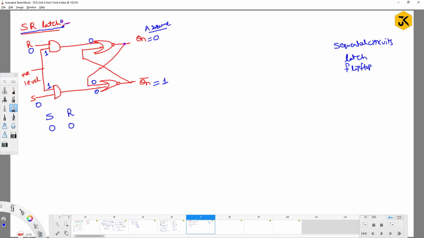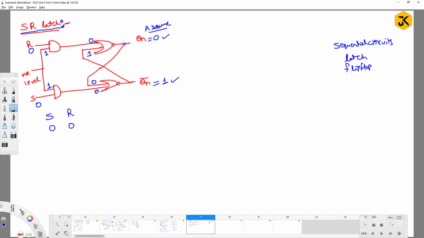Now, if you know these two inputs, can you calculate the NOR gate? 0 OR 0 is 0, and its complement is 1. Are we getting this one? Yes, we are getting it. Now, if I give this input here, this input is 1. Now 0 OR 1 is 1, and 1 complement is 0. So we are able to work here.